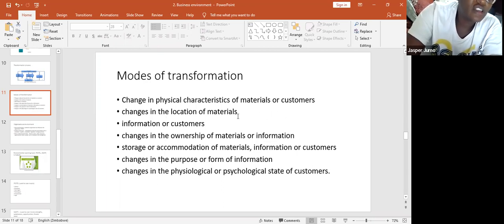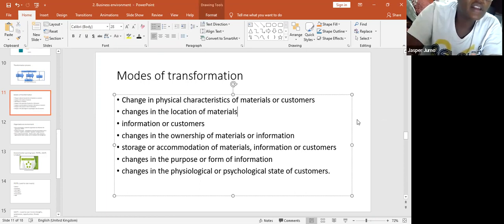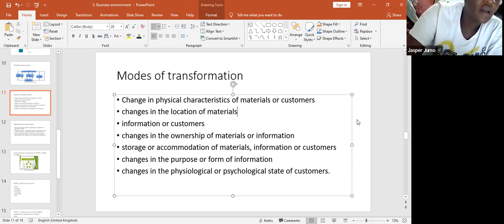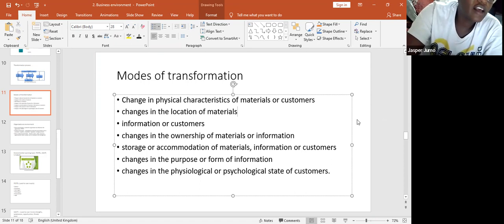Change in location. These are people who are running transportation businesses. So you can offer your services to change the location of some materials. You transport something from one area to the other. That is a transformation. It's a mode of transformation.